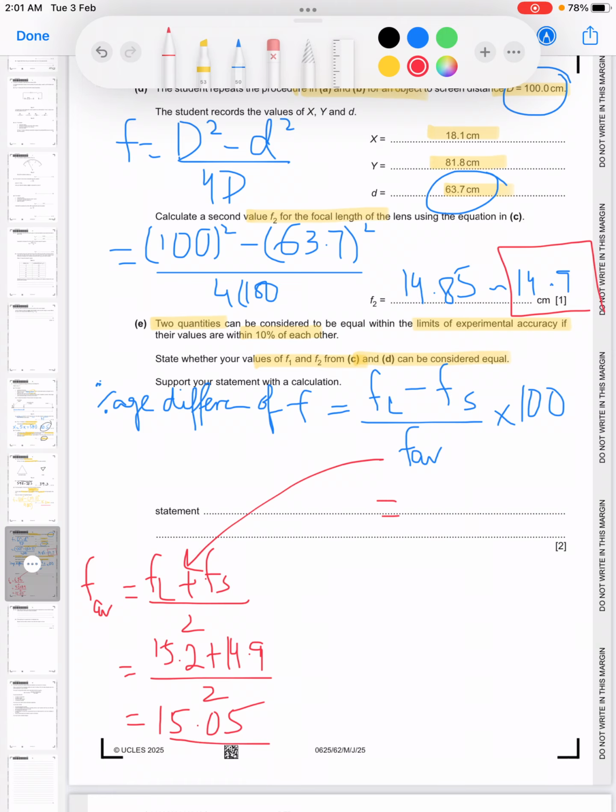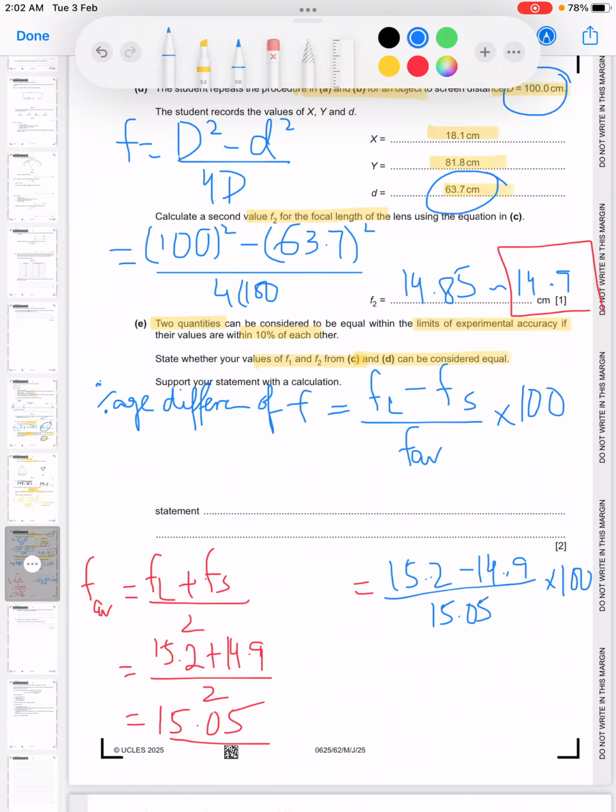So it comes out to be 15.2 minus 14.9 divided by 15.05 multiplied by 100.